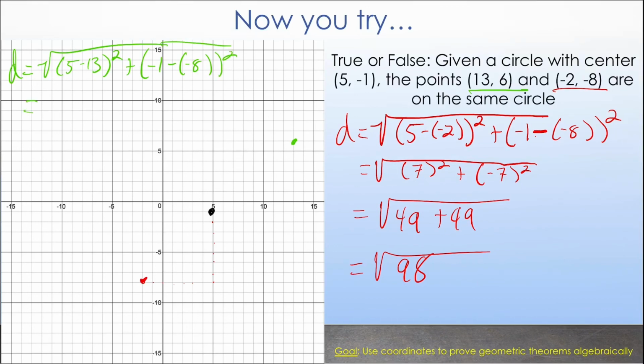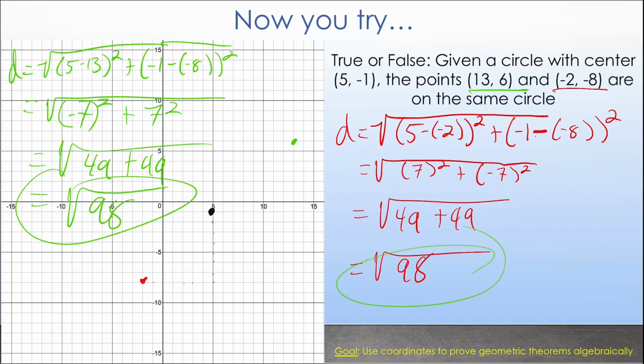Okay, 5 minus 13 gives me negative 7 squared, plus negative 1 minus negative 8 is negative 1 plus 8, which would give me 7 squared, and we can see this is coming out really nicely for us. So we'd say on same circle.